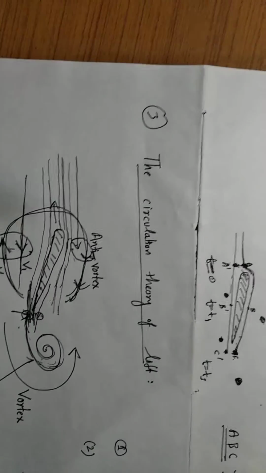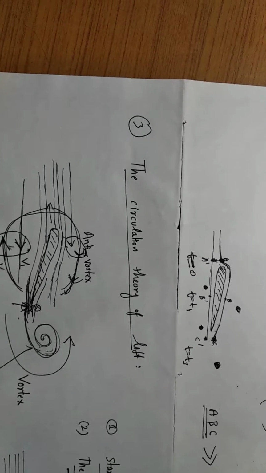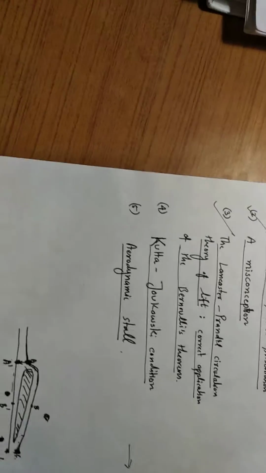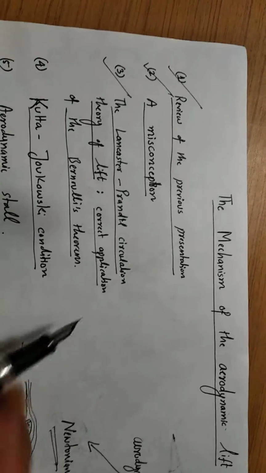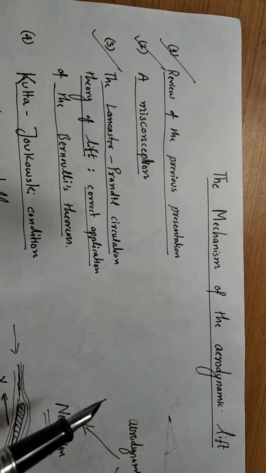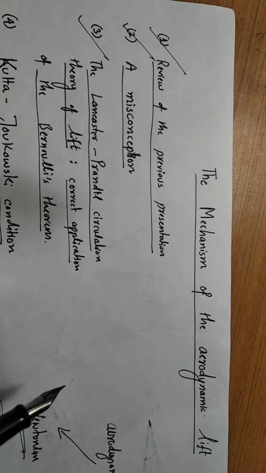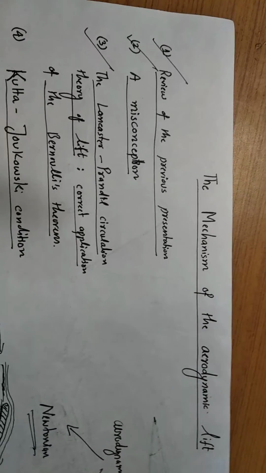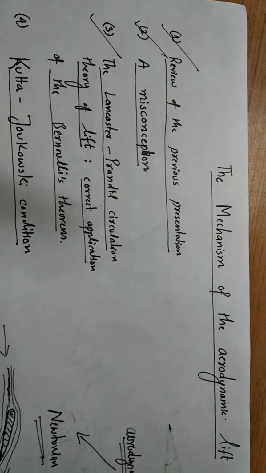All those technical details are skipped, but they are available in any aerodynamics book, so you can study those topics. My main purpose in these short video lectures was to present the correct mechanism of the aerodynamic lift, and I wanted to clarify certain misconceptions.